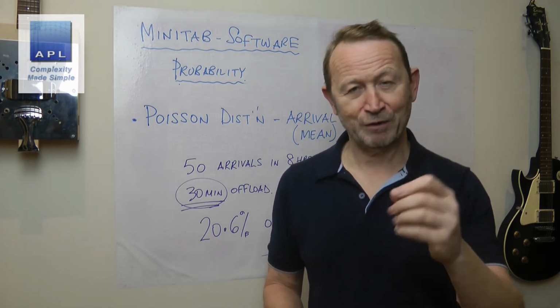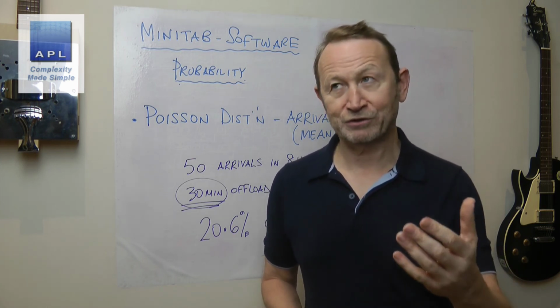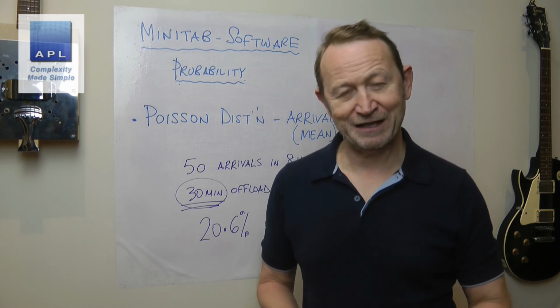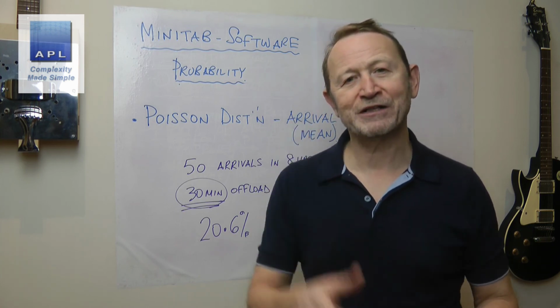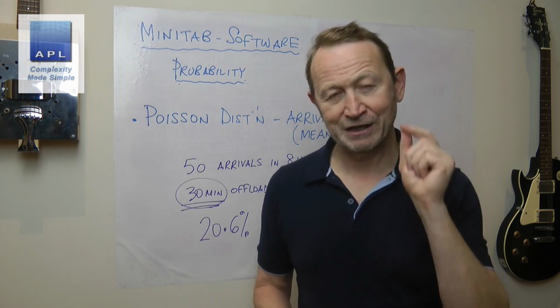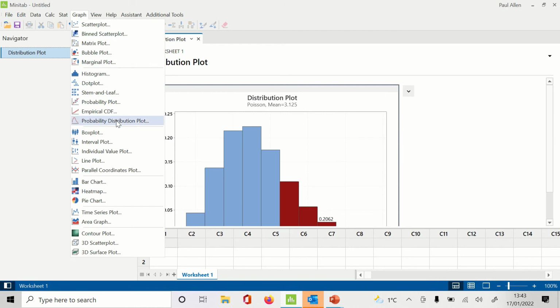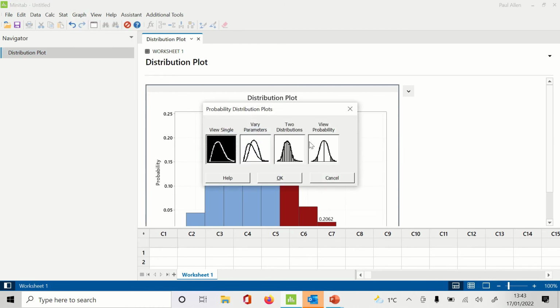Now remember the problem. They currently have 9 loading bays. So how about if I put 10 into that calculation? What's the probability currently of overloading the 9 loading bays? Let's take a look at that. So again, we go up to Graph, Probability Distribution, View Probability.